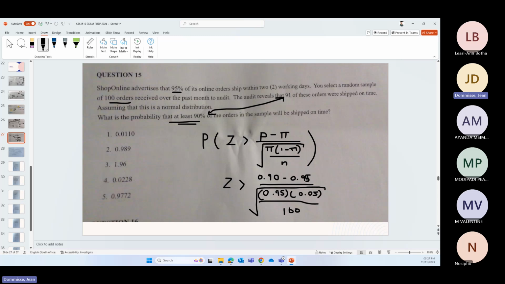That's already negative. Okay, so then I'm looking at minus 2.29.